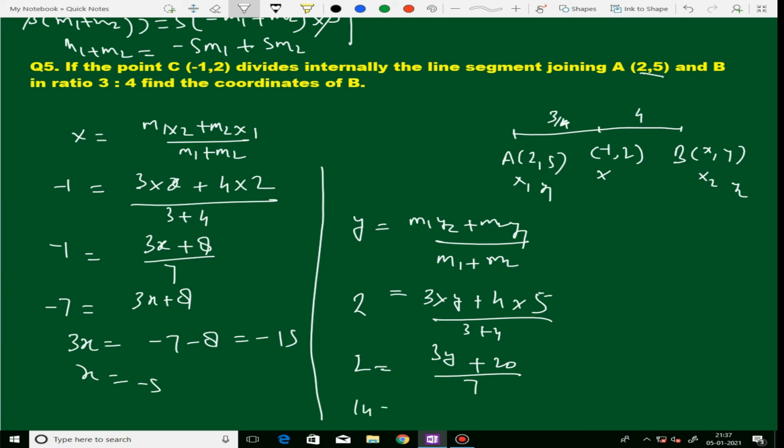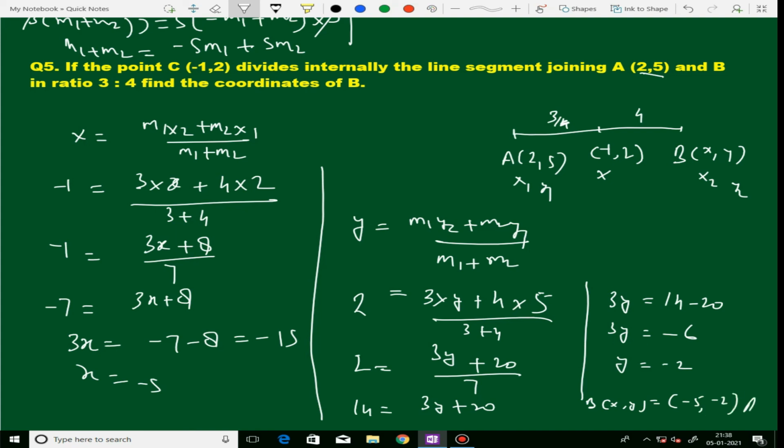So this is 14 equal to 3y plus 20. Right? So this is 3y equal to 14 minus 20. So 3y equal to how much? -6. So y will become -2. So coordinates of B, x comma y, equal to -5 comma -2. That's your required answer.